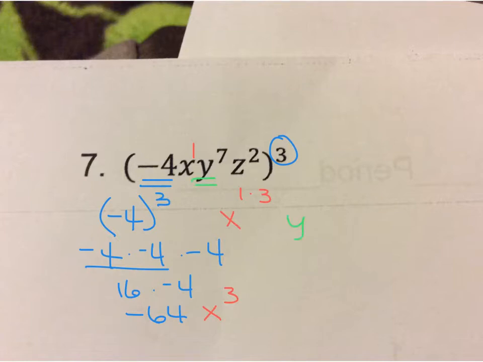We have y to the 7th times 3, y to the 21st, and then we have our z. So we have z to the 2 times 3, which is z to the 6. So my final answer is negative 64 x cubed, y to the 21st, z to the 6th.